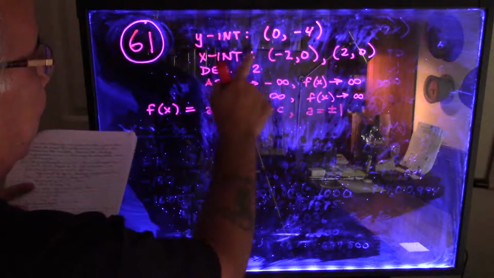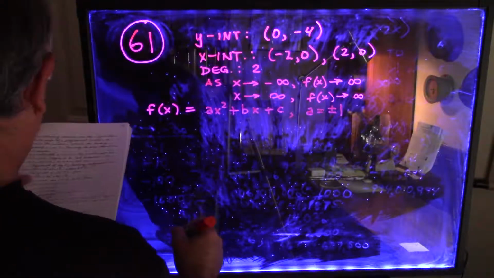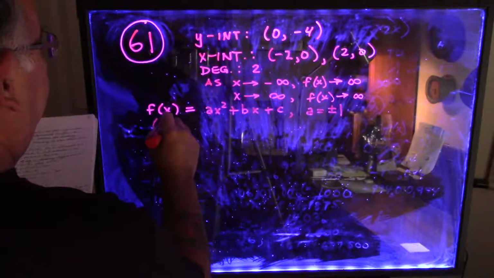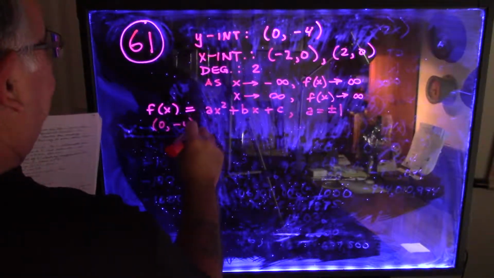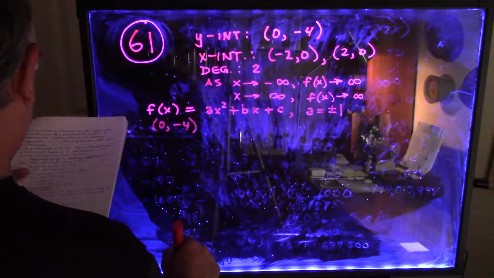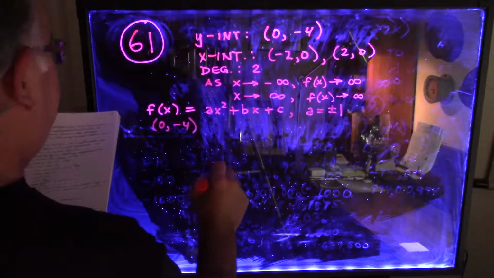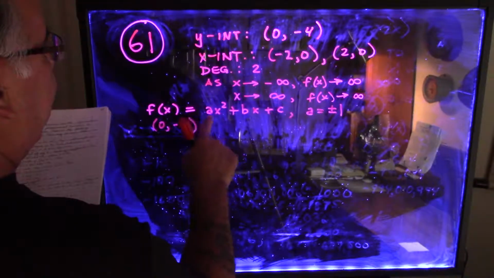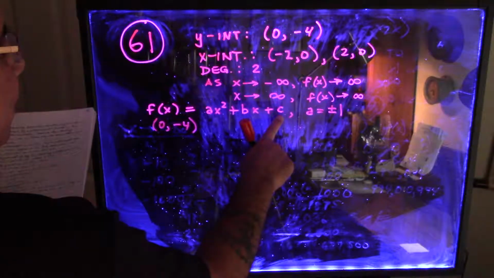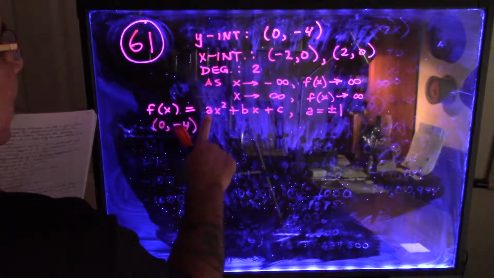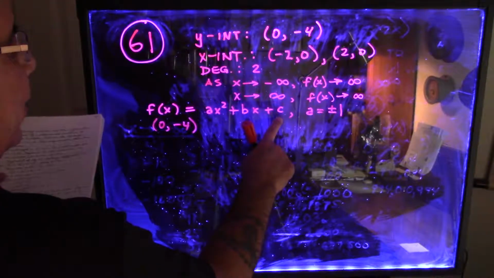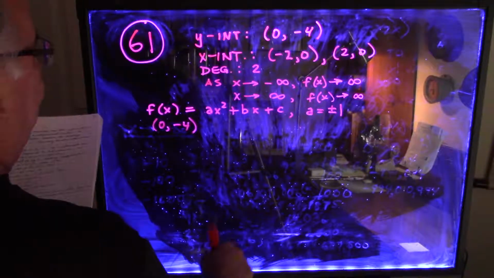Now you take the intercepts. Alright? That gives us some crucial information. The y-intercept is 0, -4. That means when x is 0, y equals -4. Okay? So that means that f of 0, when x equals 0, will give you just the constant, right? 0 squared times a will be 0, 0 times b will be 0, and that's what you have left, so that must equal -4.